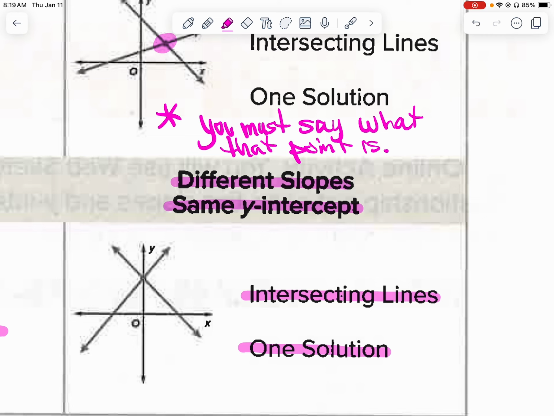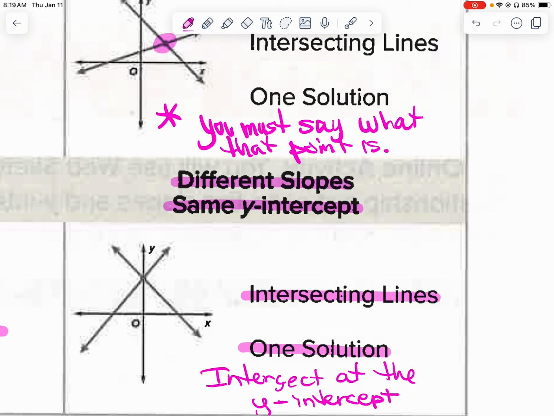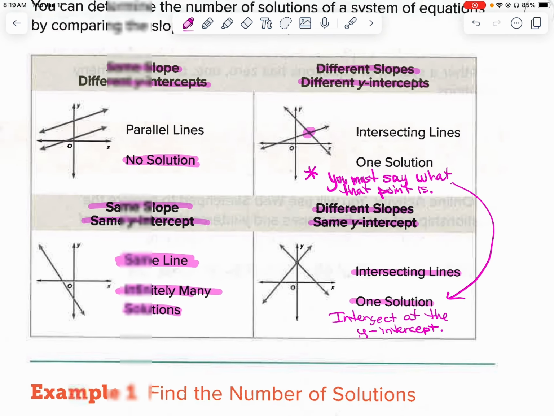Okay, the cool thing about that is they intersect at the y-intercept. Okay, and yes, you still have to name what that one solution is.